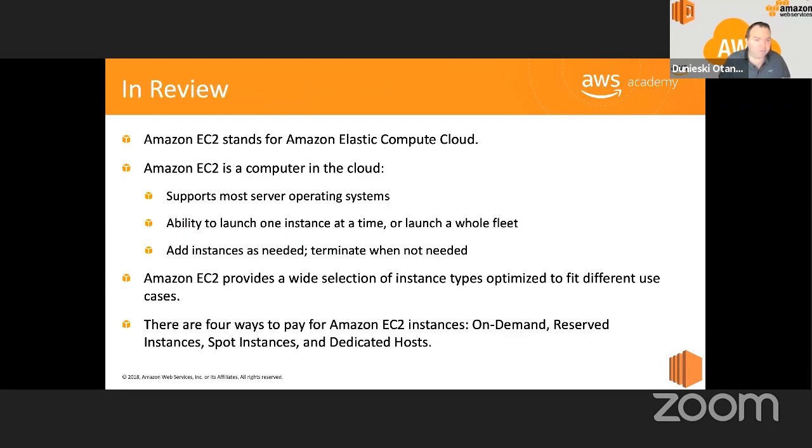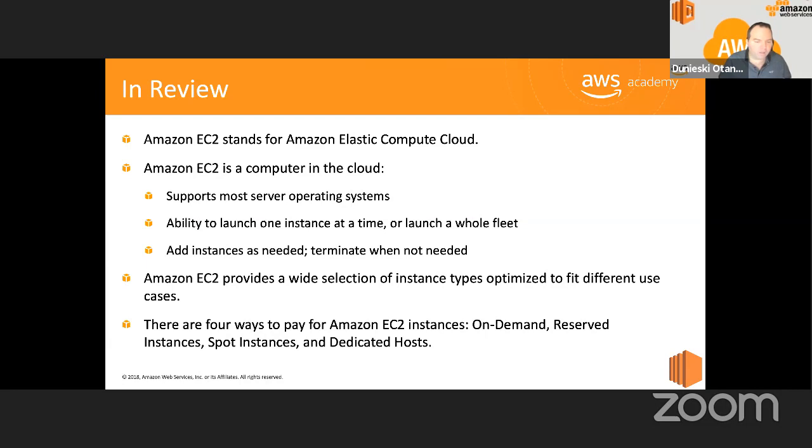So in review, EC2 stands for Amazon Elastic Compute Cloud. Amazon EC2 is a computer in the cloud, supports most servers and operating systems, with the ability to launch one instance at a time, or launch a whole fleet, add instances as needed, and terminate when not needed. Amazon EC2 provides a wide selection of instance types optimized to fit different use cases.